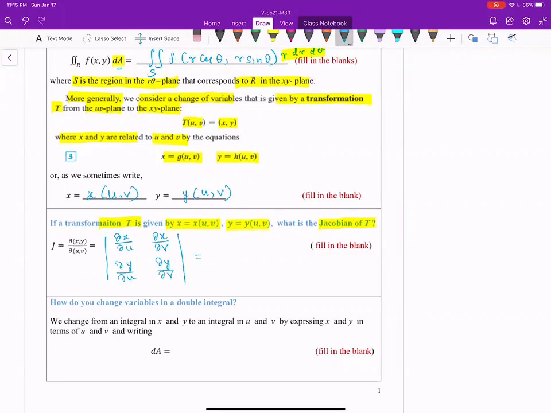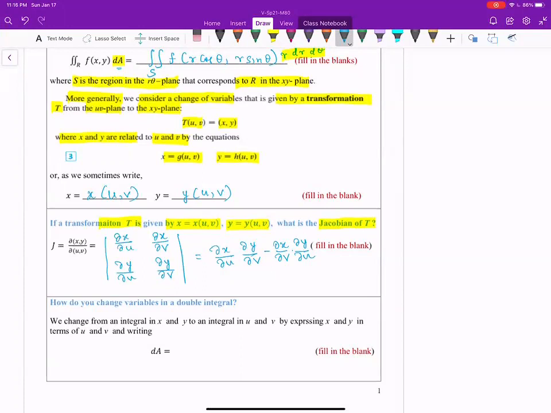which can be written as multiply across diagonally, dou x by dou u, dou y by dou v, minus dou x by dou v times dou y by dou u.